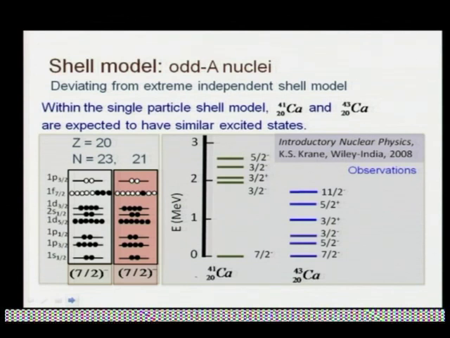There is no breaking of a pair in either case as per the model. It is just taking that particular neutron in 1f 7/2 into 1p 3/2 in both cases.